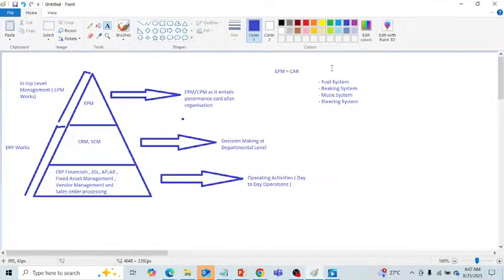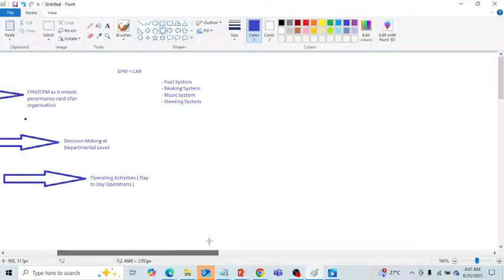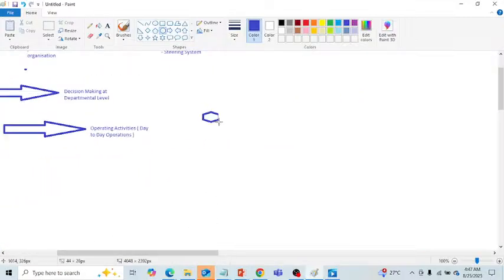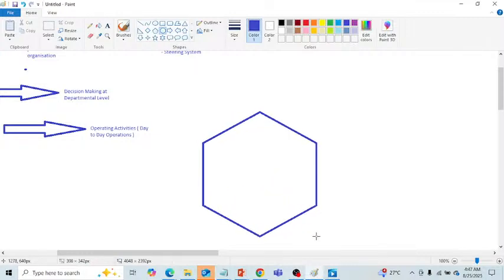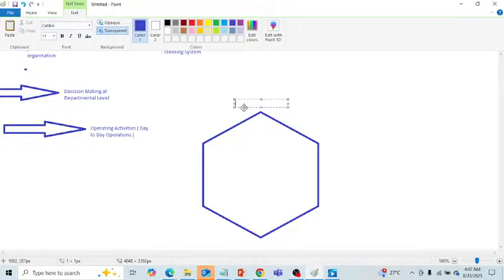So these are the components of a car. Now we will talk about the EPM. EPM is totally a group of products that includes various products for the organization. Let me draw the diagram. It entails reporting and analysis.